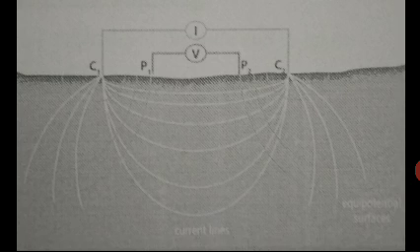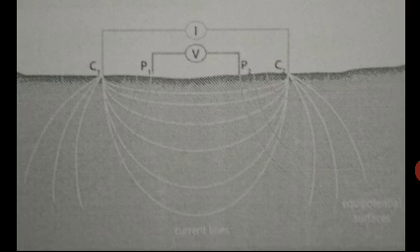Look at the screen. The picture shows the Wenner configuration. The inner electrodes P1, P2 are the potential electrodes, and C1, C2 are the outer current electrodes.